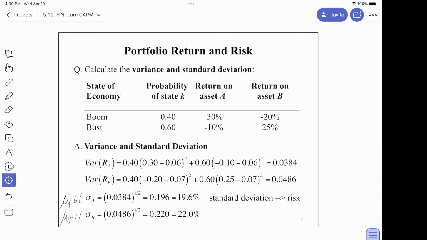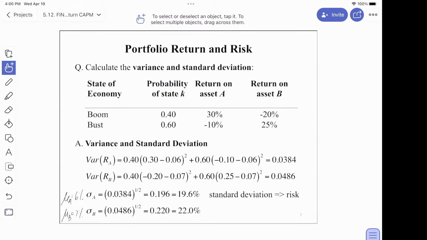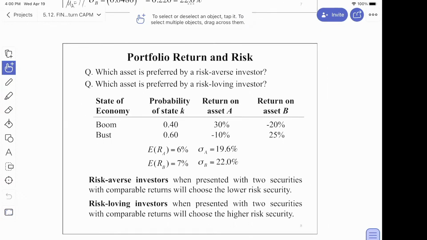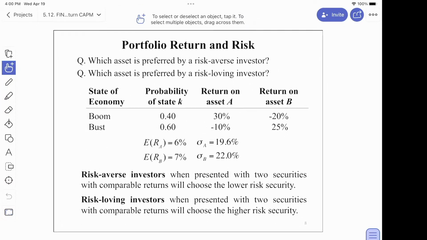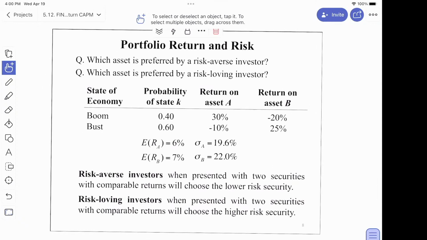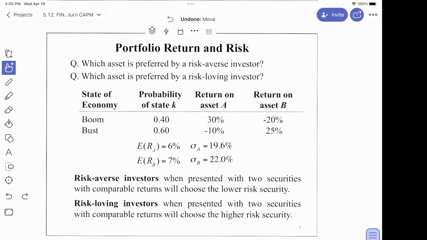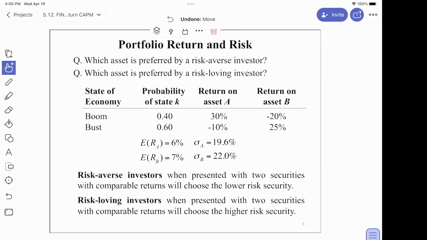So how do I know which one I should pick if I had to pick between the two of them? What should I do? How do I look at expected return but include risk consideration? So which asset is preferred? Now, the first answer, or we begin with considering that it depends.